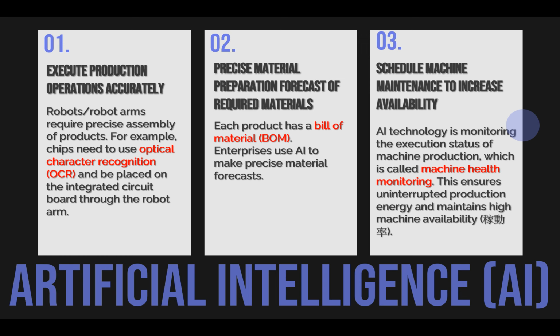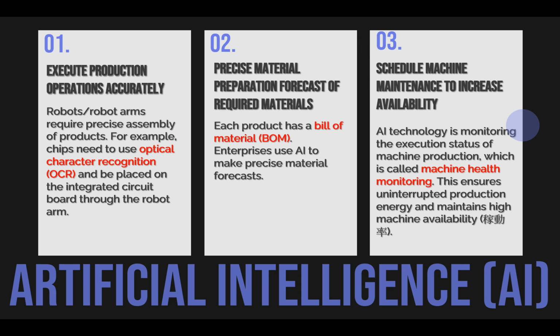Number 2, precise material preparation: forecast the required materials. Each robot has a bill of material called a BOM. Enterprises use AI to make a precise material forecast. Number 3, schedule machine maintenance to increase availability.